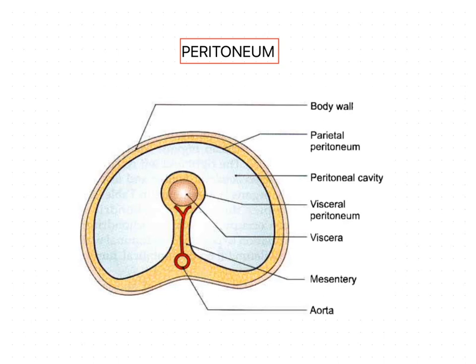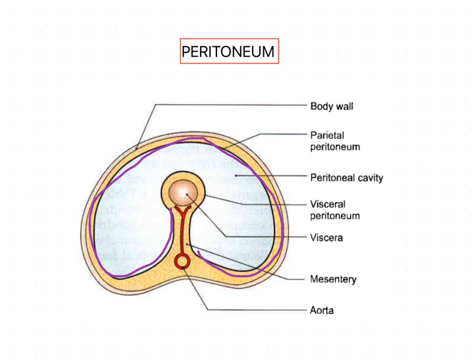This abdominal wall includes the anterolateral as well as the posterior abdominal wall. The inner layer is covered by this large serous layer called the peritoneum. So this one is the peritoneum.